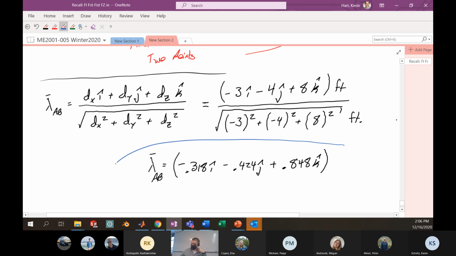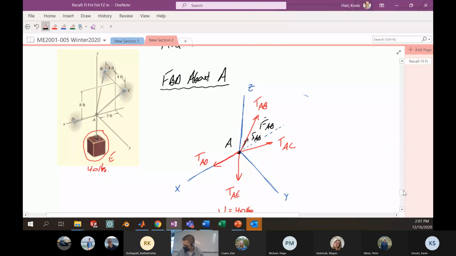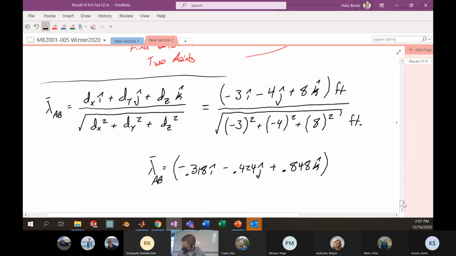We did that for force AB, and that's where we left off last time. We're going to continue now by creating a unit vector along the next force of interest, which is force AC. We also now need a unit vector here, which is lambda AC. So that's what we will do now.